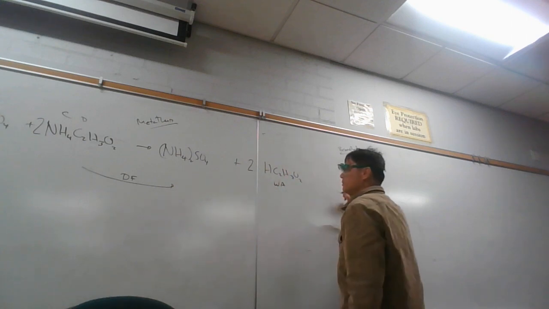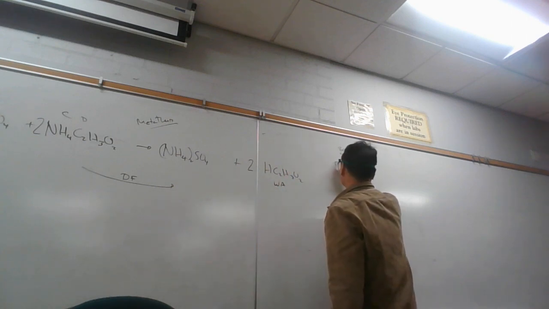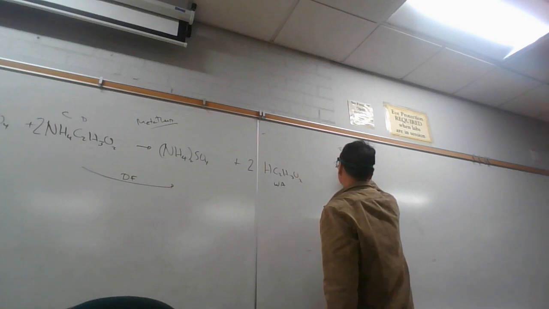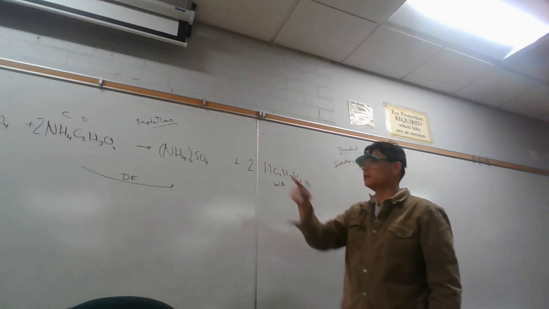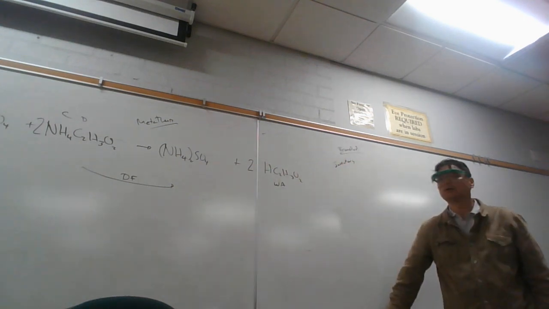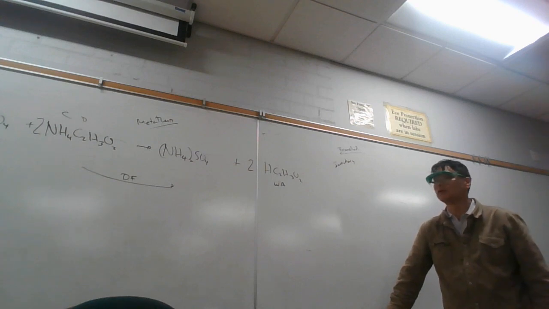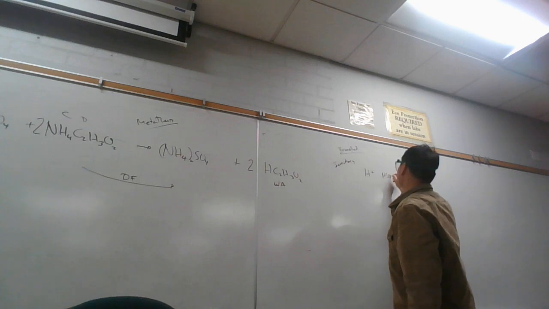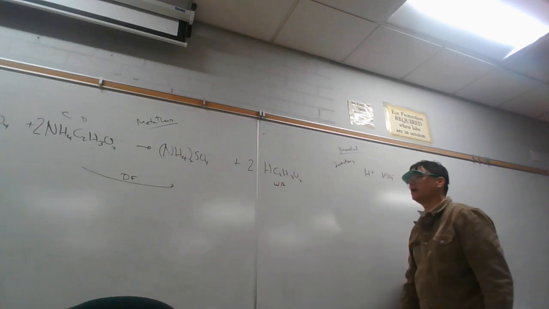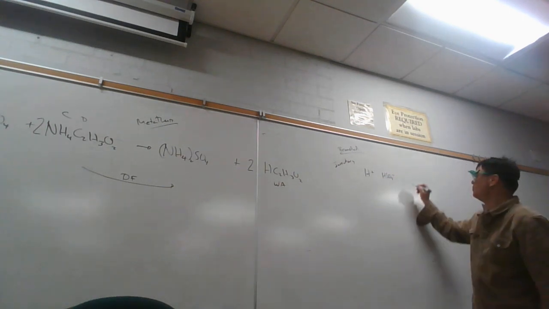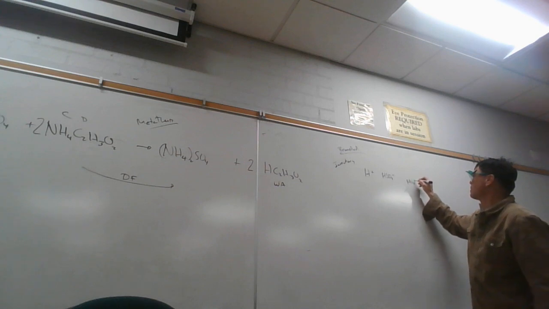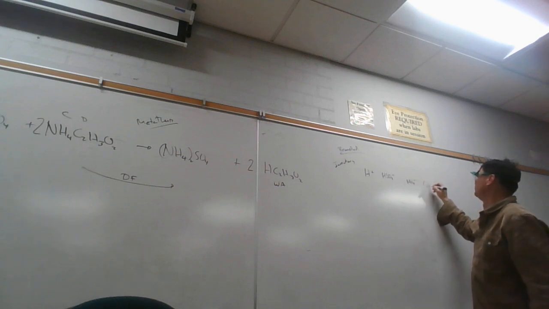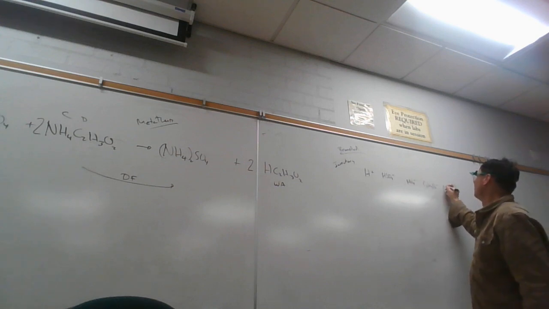And so when we inventory it, H2SO4 is going to give us what in water? Yeah, we're going to have H plus and HSO4 minus. And then ammonium. And then acetate. And then water.